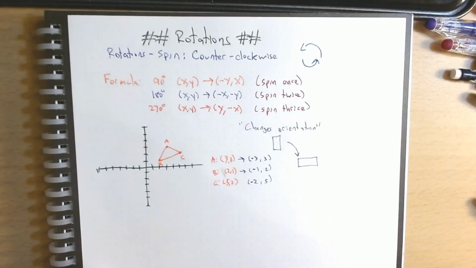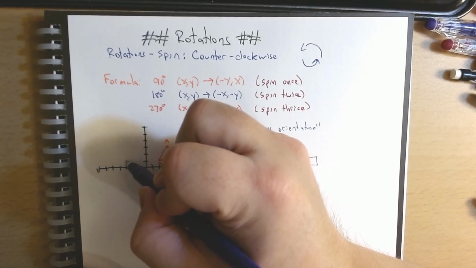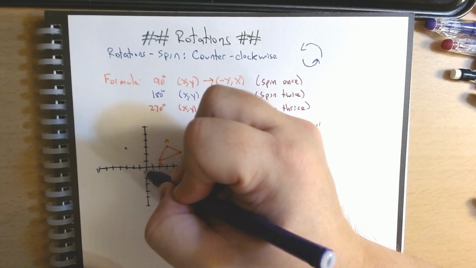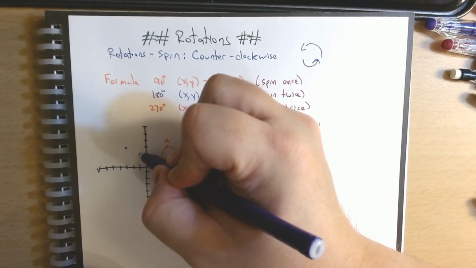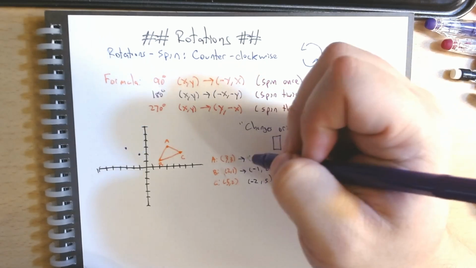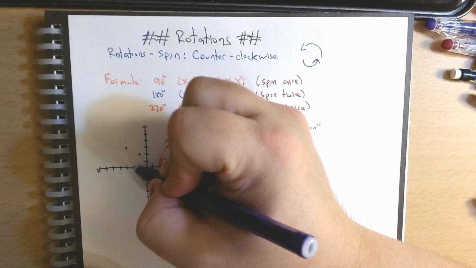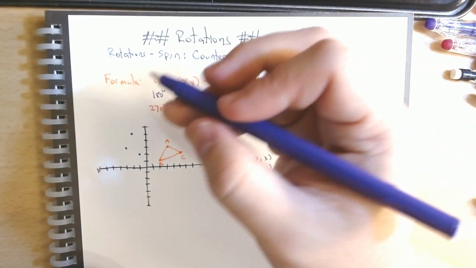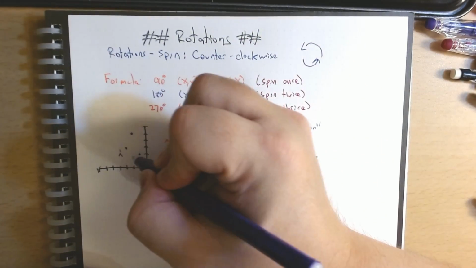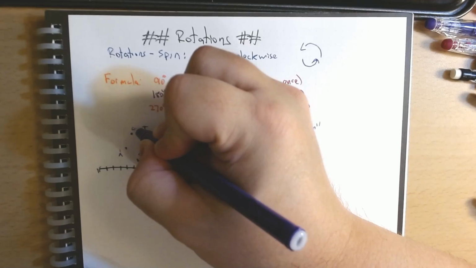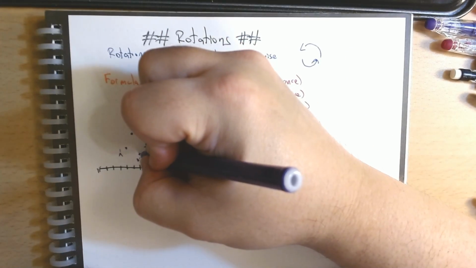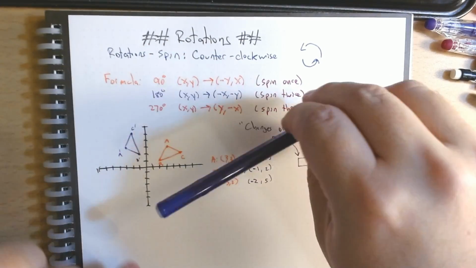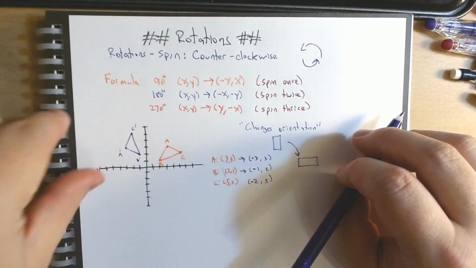So now we got negative 3, 1, negative 1, 2, and then negative 2, 5, and this was A prime, B prime, C prime. So it's a little bit different. So it's been rotated this way.